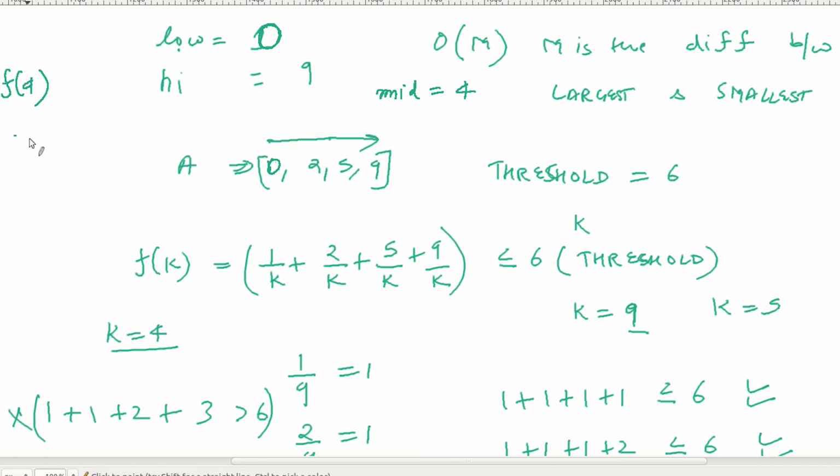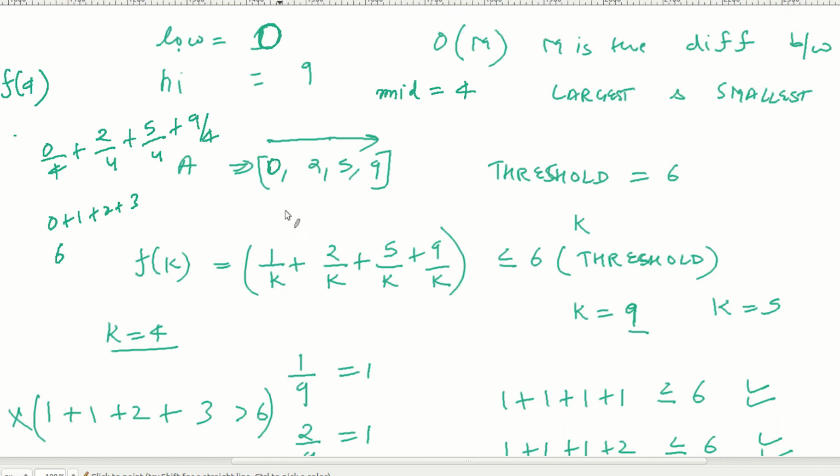F of 4 will be 0 by 4 plus 2 by 4 plus 5 by 4 plus 9 by 4. So it will be 0 plus 1 plus 2 plus 3, which will be 6. So 4 can be a possible answer, but it is not the final answer, right? So I need to check for numbers less than 4 as well.